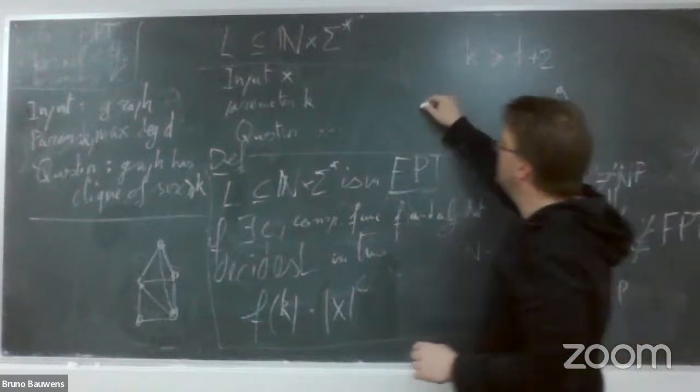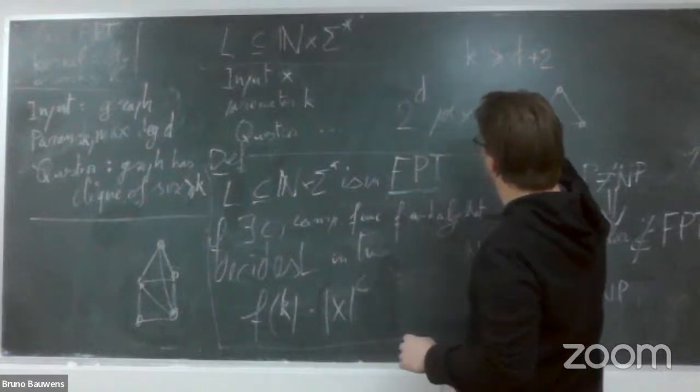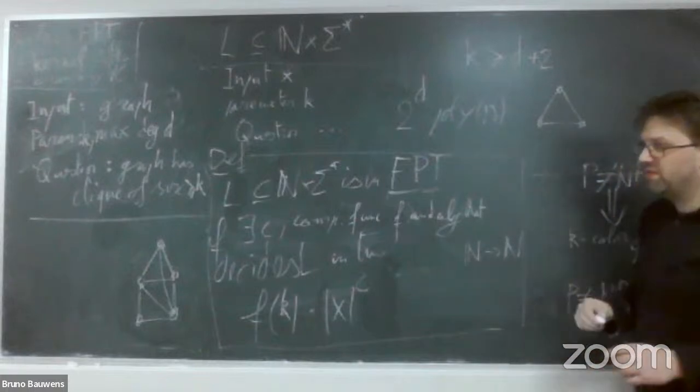And so I will tell you something. The algorithm runs in time 2 to the power d times the number of nodes in the graph.